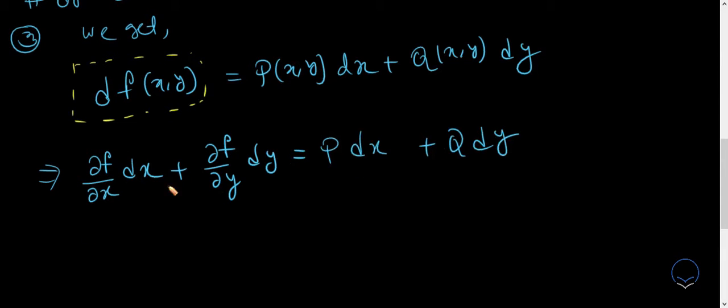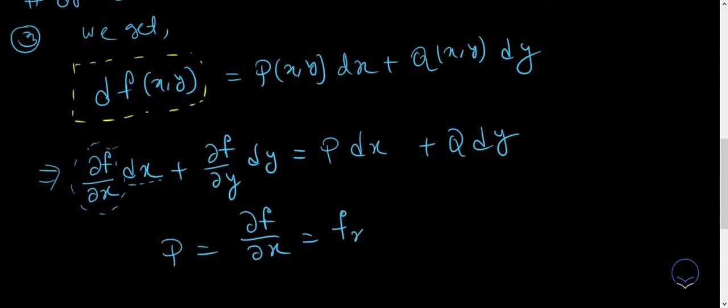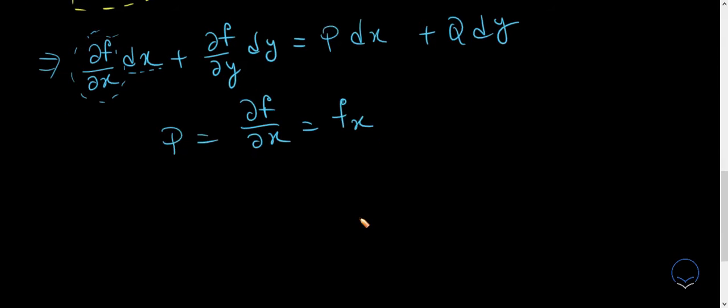Now if you match these things, that is the terms with dx, it has this partial of f with respect to x, the partial derivative of f with respect to x, and this should be matched with p, right? So p is partial f partial x, or in a shortcut notation you can write it as just f subscript x.